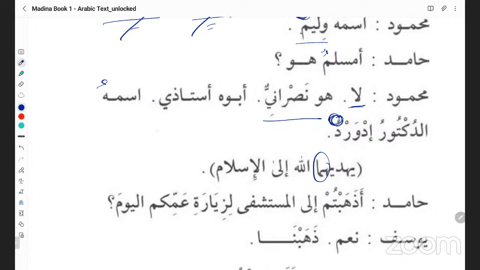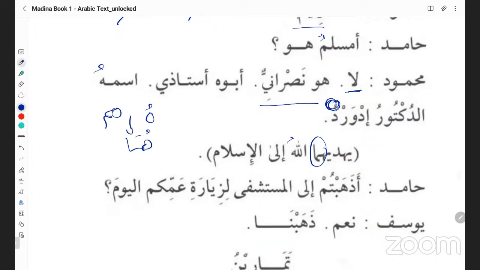We know we done before hum, it's one person, him, whom, them. But for two, it will be huma. So yahdi huma, but joining it to Allah. So yahdi huma Allahu ila al-Islam. May Allah guide them, the two of them, to Islam.